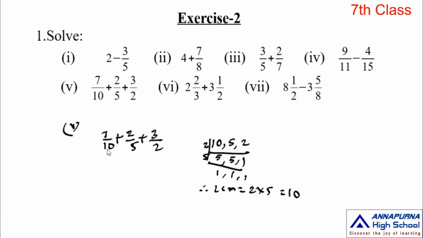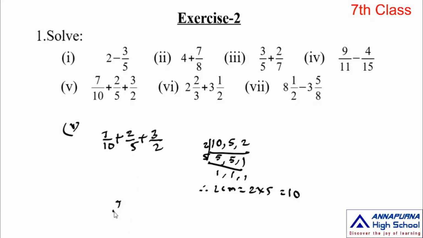The first fraction already has denominator 10, so you need not convert it again into a like fraction. Leave it. Now take 2 by 5.